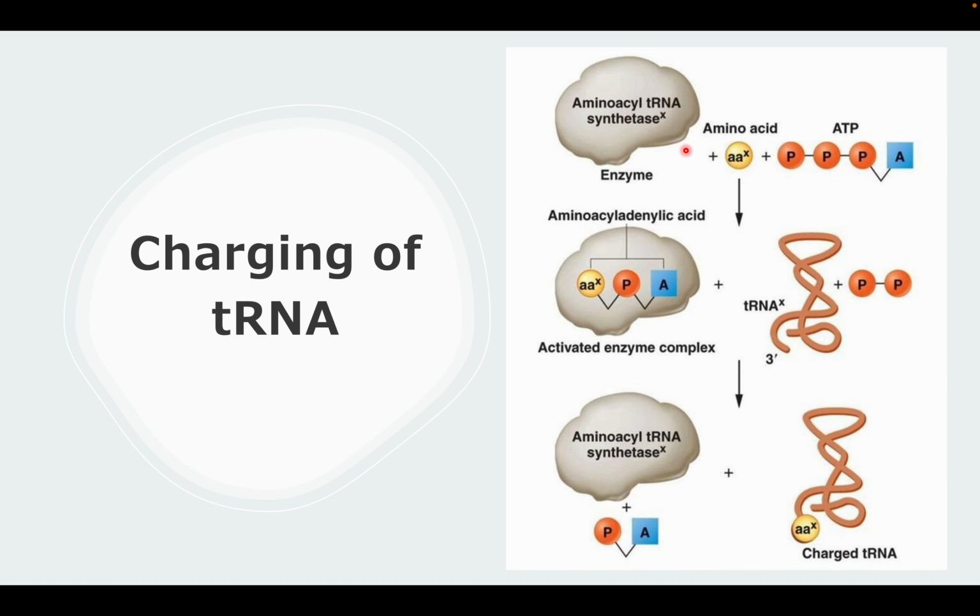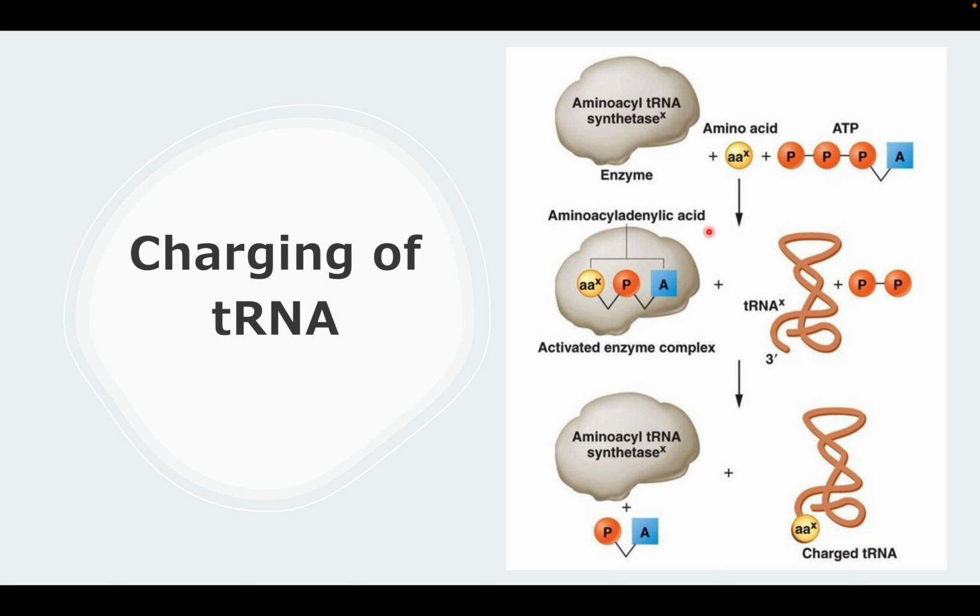So here you can see we have the enzyme aminoacyl tRNA synthetase, and then we have amino acids and the ATP. These amino acids bind to this enzyme, and then with the help of the phosphate bond of adenine, pyrophosphate is released, but this adenyl phosphate remains here with the amino acid.